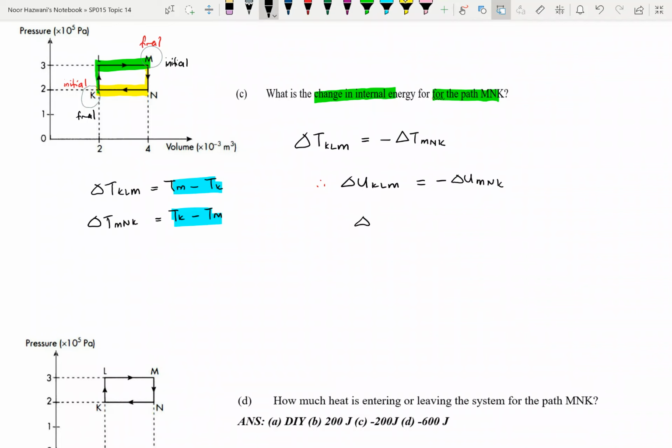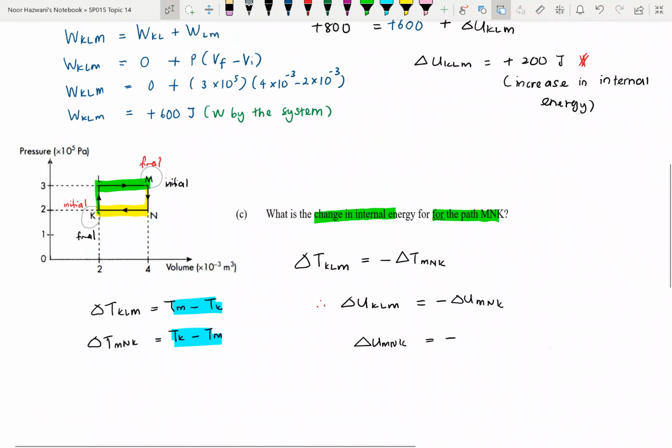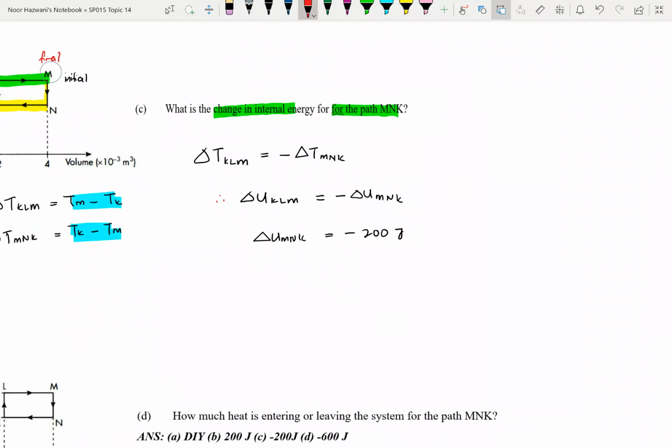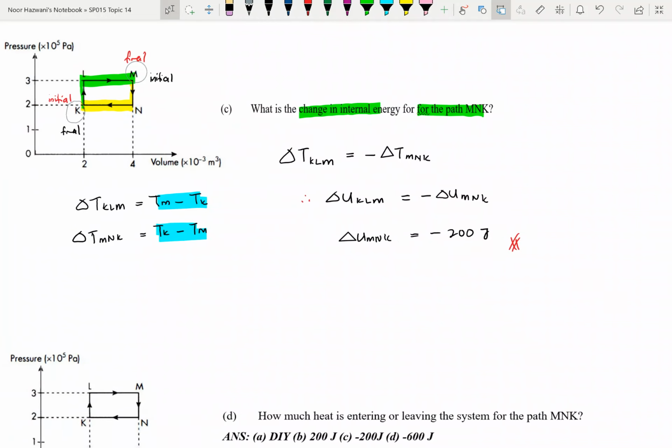So, delta U M and K is equal to negative. Just now if you got positive, this time you will get negative 200 joule. Okay. So, basically, the internal energy is the same magnitude, but because the path is different, we look at the initial and final temperature. Okay, because it is different, our internal energy will be opposite.